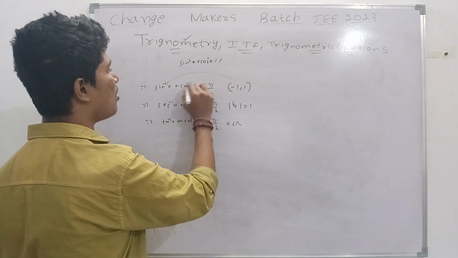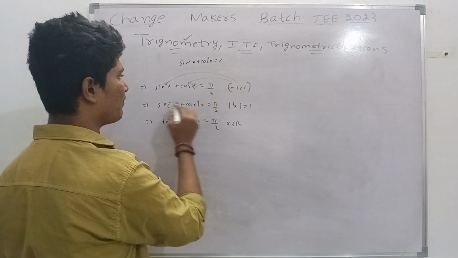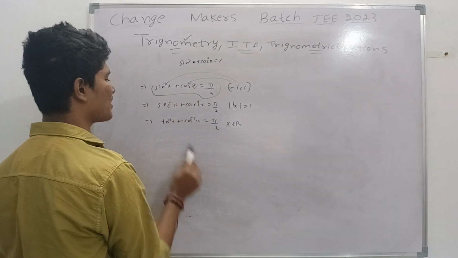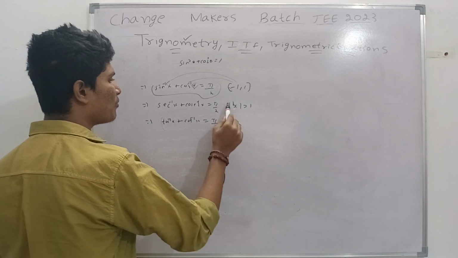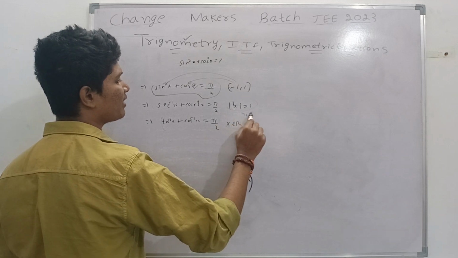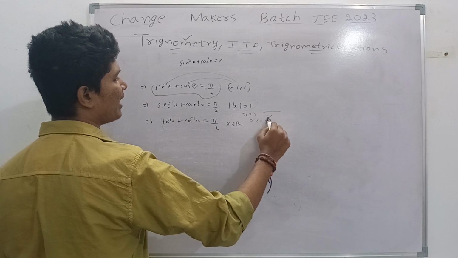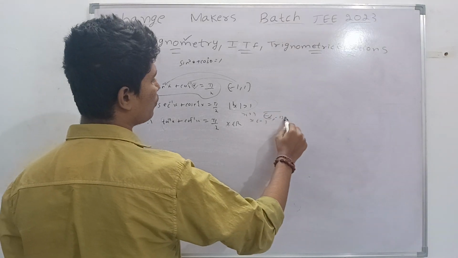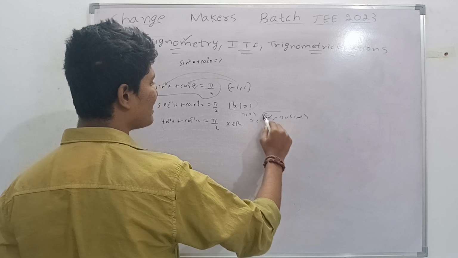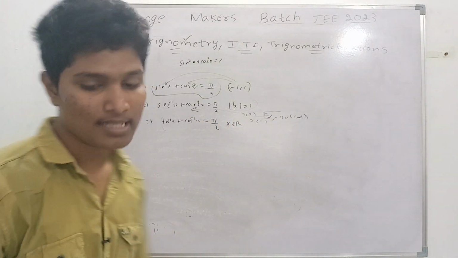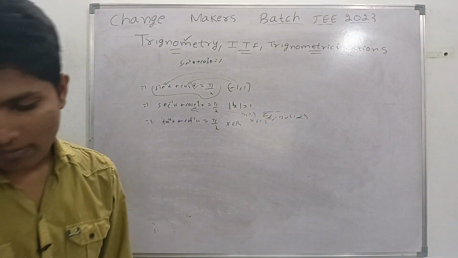So when x values are from minus 1 to 1, you can apply this formula. And for mod x greater than 1, that is x greater than 1 or x less than minus 1, that is, minus infinity to minus 1 union 1 to infinity, you can apply secant inverse x plus cosecant inverse x equal to pi by 2.